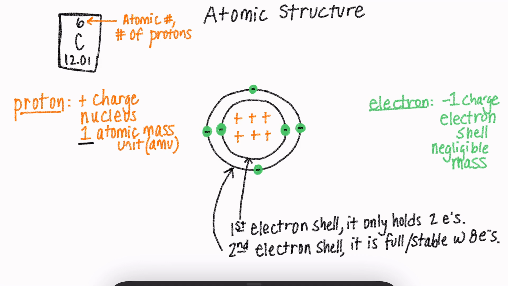Remember how I told you that an atom, in order to be neutral, needs to have the same number of protons as electrons, but only the protons have mass? So if the mass of a proton is 1 atomic mass unit, then the mass of this atom would be 6. But that's not actually the case. It's actually 12.